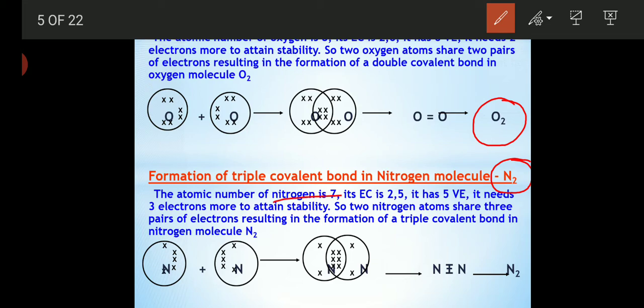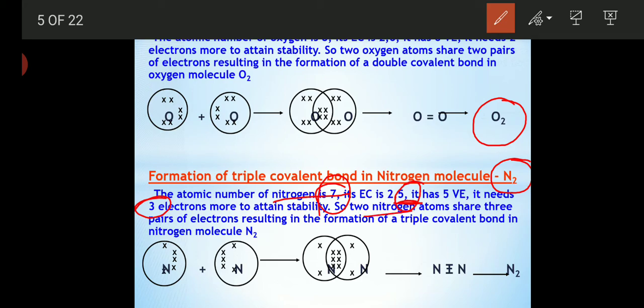The atomic number of nitrogen is 7. So its electronic configuration would be 2 and 5. So the outer shell consists of 5 electrons. It needs 3 more electrons to attain stability.